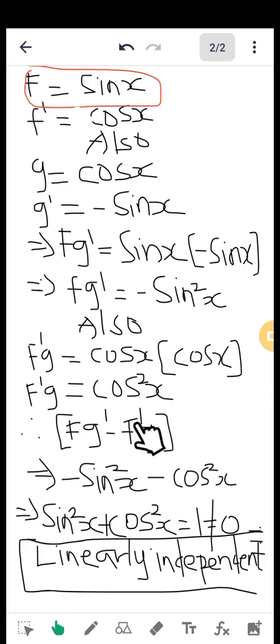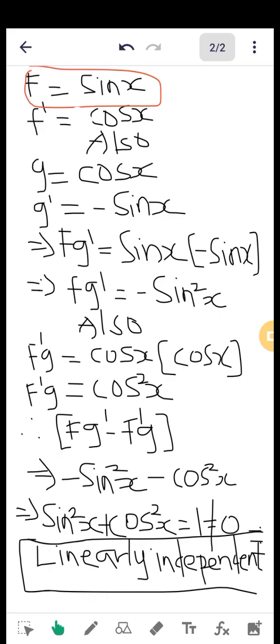So we find the difference between them, and we get minus sine square x minus cos square x. Factoring out minus 1, we get sine square x plus cos square x.